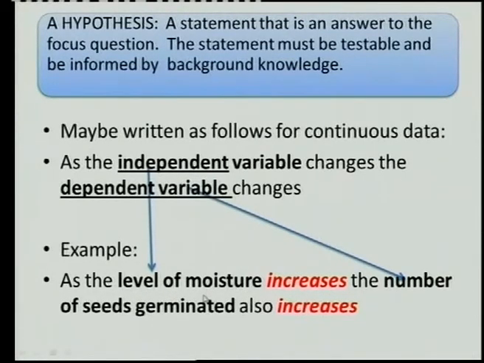Are you going to put more or less water with the experiment? So that is the independent variable. And the results that you're waiting to see, how many seeds germinated, that will be the dependent variable, because the second one will change all the time because we manipulate the first one. So the independent variable is the one that we manipulate, we have control over.